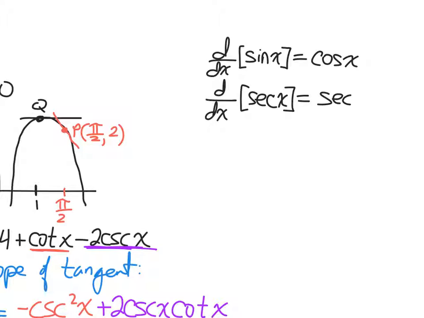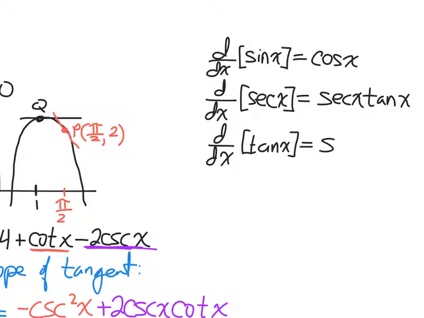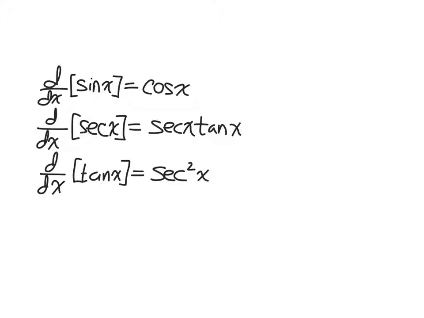Secant x tangent x. The derivative of tangent is what? Exactly, secant squared x. Very good. So anyway, it's the sine, secant, and tangent.